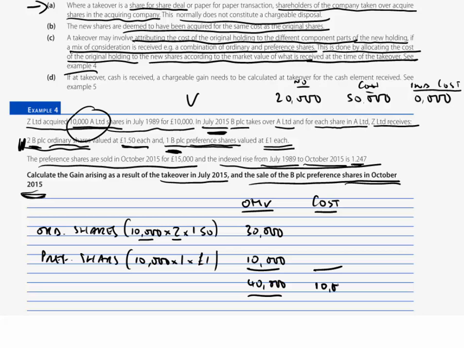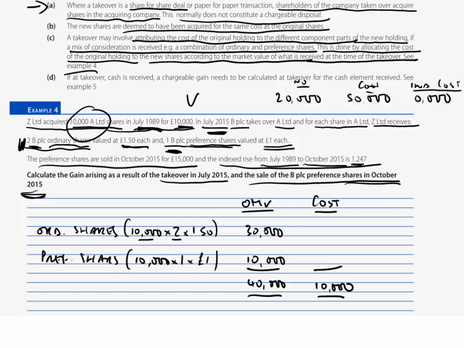That was a cost of £10,000 that goes all the way back to the original acquisition date in July 89, where we bought them for £10,000. We now use these market values as a basis for splitting out that cost.